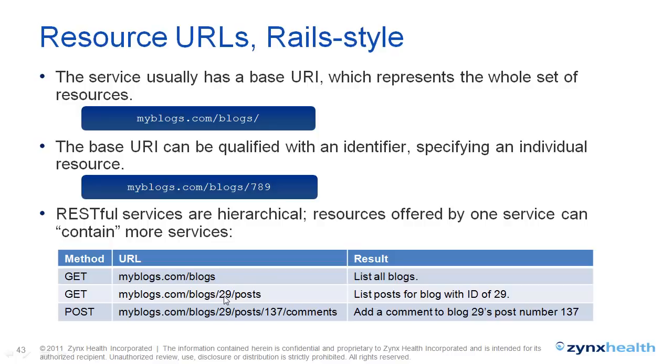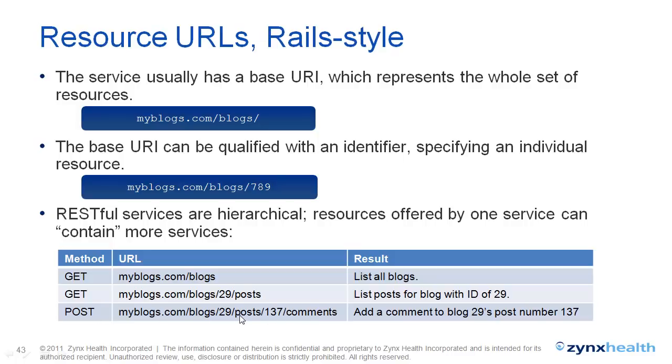But blogs/29/posts represents all of the posts for blog number 29, and so a get will list them. Again, this is a base URI representing a set of resources, but in this case it's hierarchical. It is itself a set of resources belonging to a particular resource of the blog type, which is further up the hierarchy. Finally, if we go deep, we get all the way down to comments.